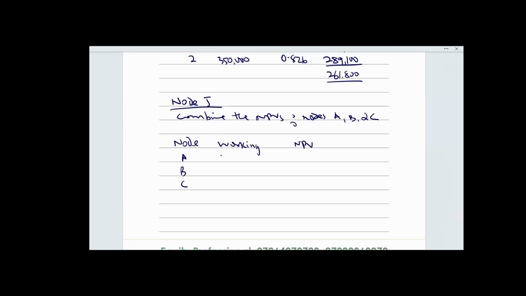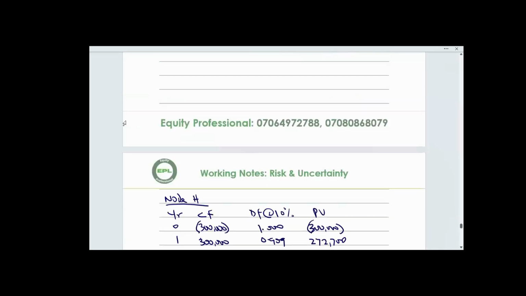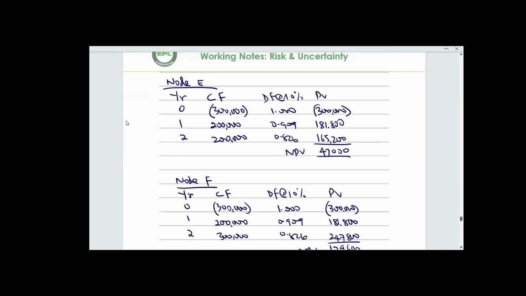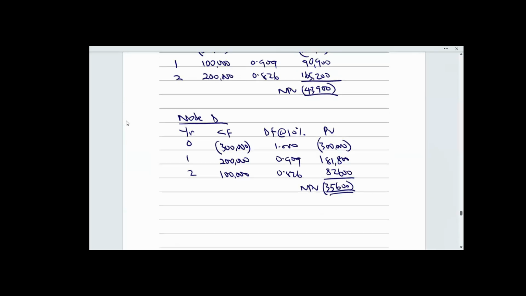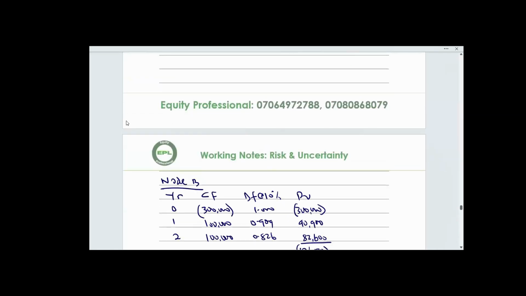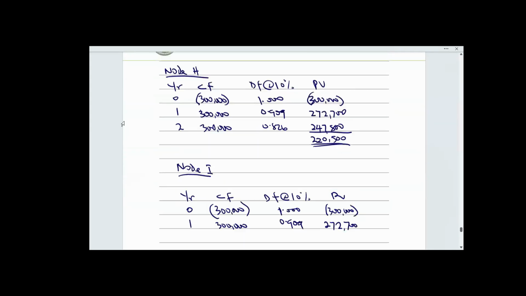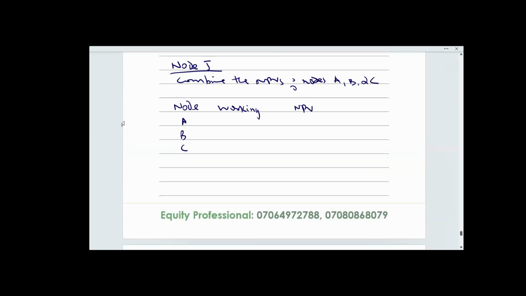So in node A, we had a negative NPV of, is it 209,100? Yes, 209,100.